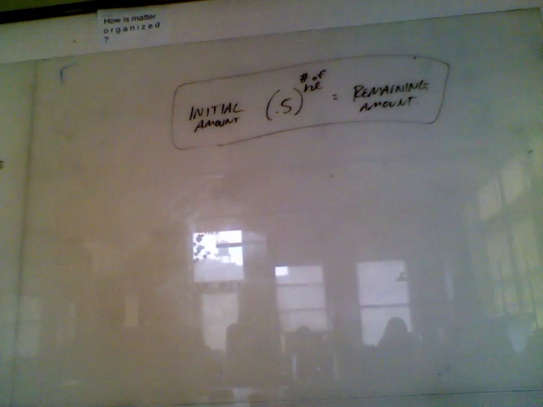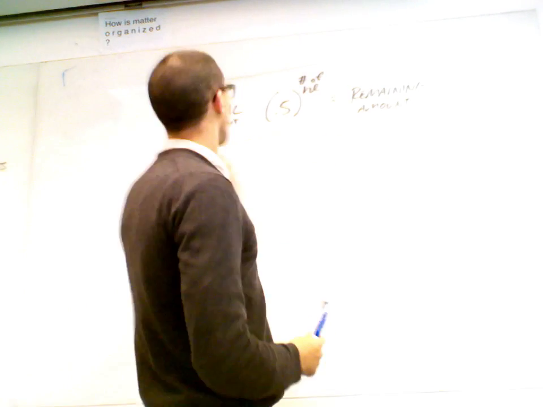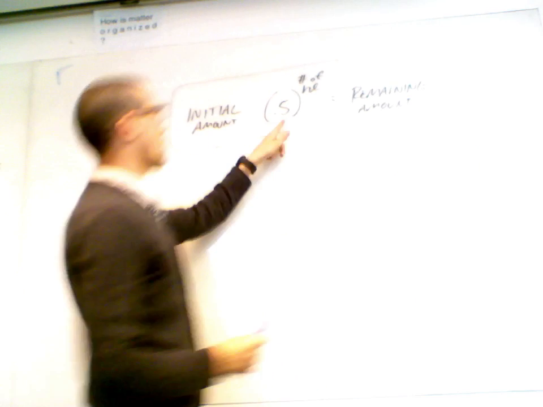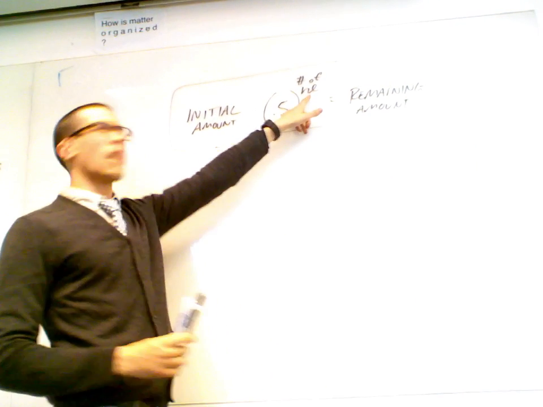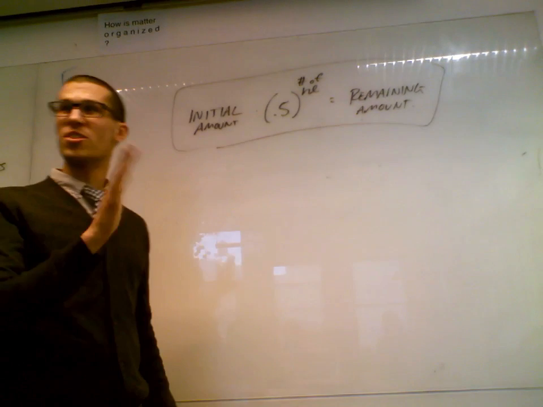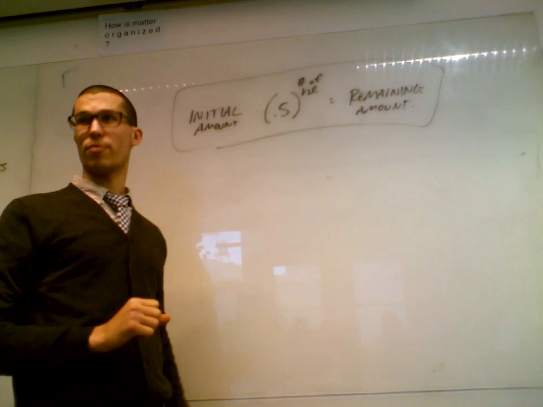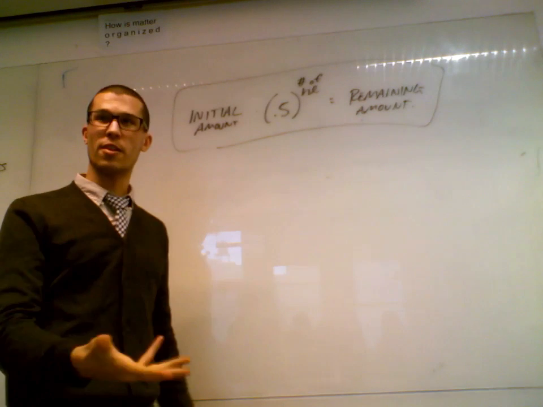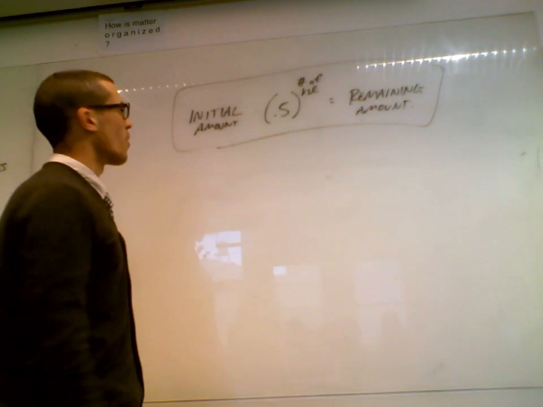Initial amount times 0.5 raised to the number of half-lives equals the remaining amount. This is the overall equation for half-lives. We derived it ourselves in class.